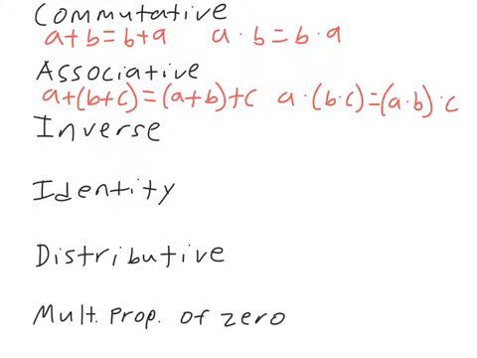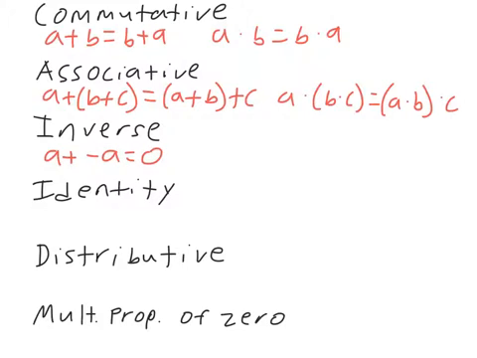The inverse properties had to do with opposites. So in addition, if you had a number A, the opposite of that would be negative A. And so if you added those two opposites together, you would get 0.